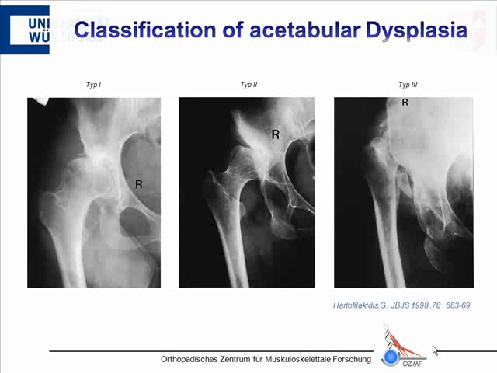Here are some radiographs from grade 1 with a shallow acetabulum, a high angle here with the new articulation of the femoral head with a new acetabulum, and with the high dislocation of the femur.